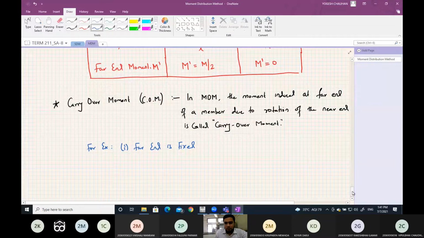So for far end fixed case, when moment M is applied at the near end, the moment induced at the far end will be half of this.